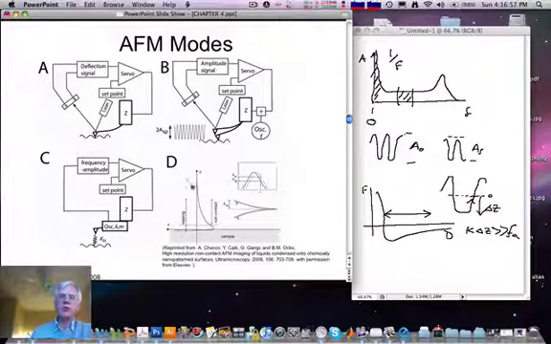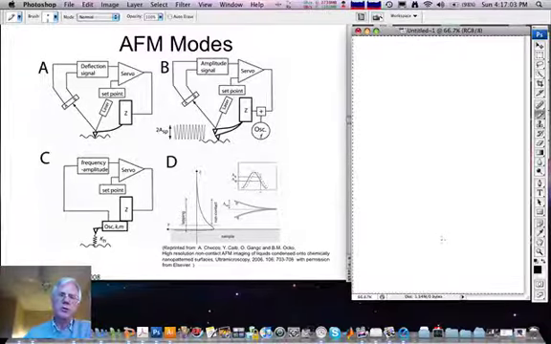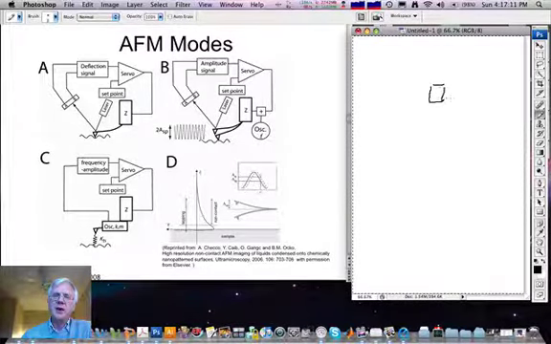Schematic B shows how AC mode or dynamic force microscopy, be it non-contact mode or tapping or intermittent contact mode, works. So in this case, one adds to the Z piezo a high-frequency oscillating signal that drives the cantilever into oscillation like this.